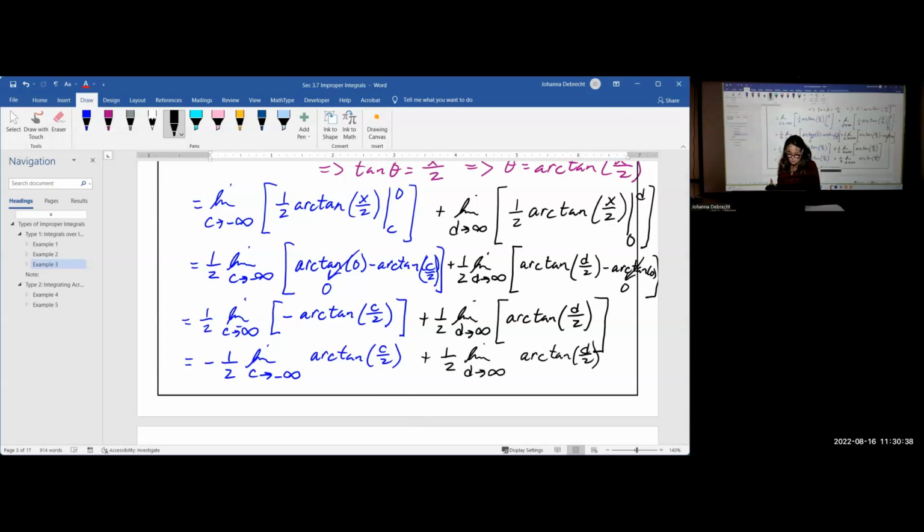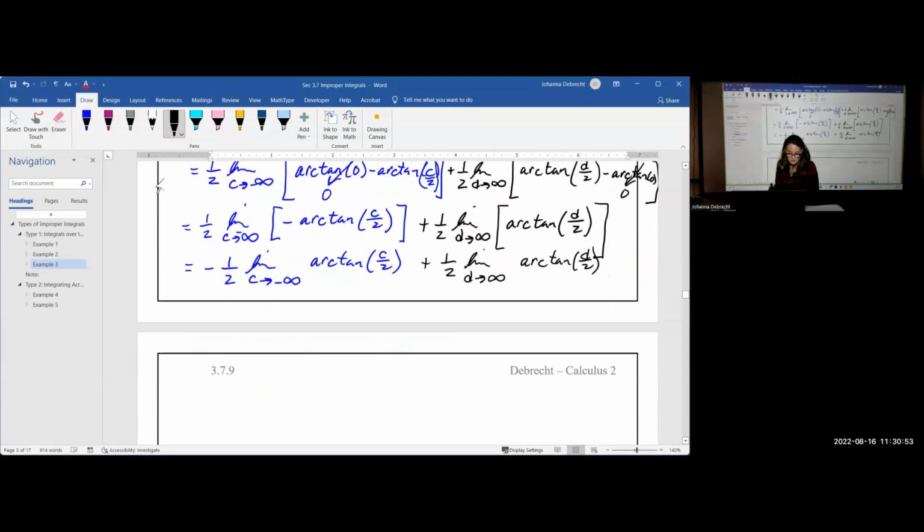What then is the y value of that going to approach? Well, as we come out this way, as x goes to negative infinity, the y value approaches negative pi over 2. And so now we can replace what we have there with a negative pi over 2. We've evaluated the limit using the graph. So we have negative 1/2 times negative pi over 2.